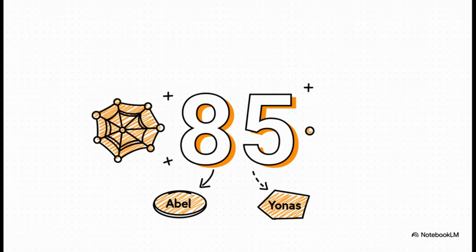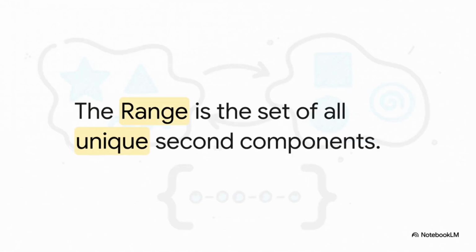Once for Abel and again for Jonas. So here's the crucial point. The range is the set of all the unique outputs. That's the keyword, unique. So even if a score like 85 showed up a dozen times, we would still only list it one time when we write out the range. Think of it this way. We're just listing what the possible outcomes were, not counting how many times each one happened.